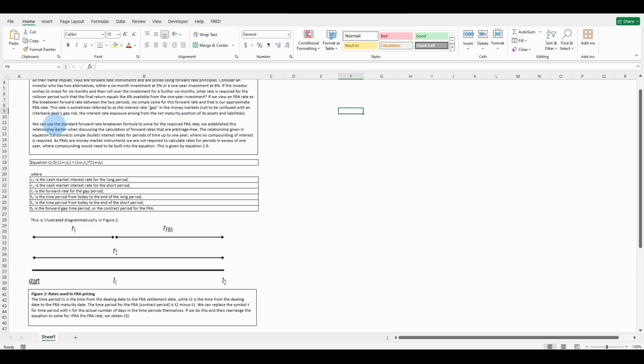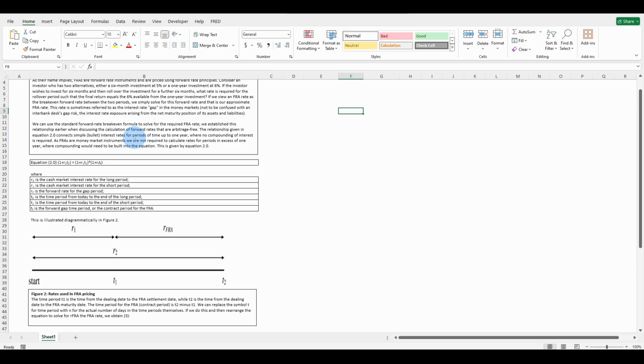We established this relationship earlier when discussing the calculation of forward rates that are arbitrage free. This relationship, given in equation 2.0, connects the simple bullet interest rates for periods of time up to 1 year where no compounding of interest is required.